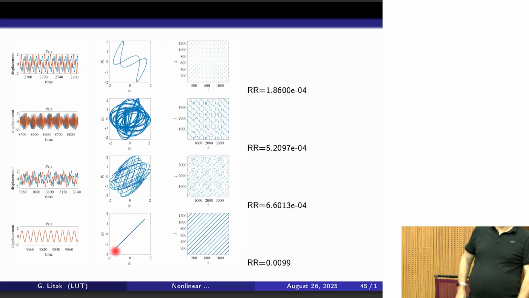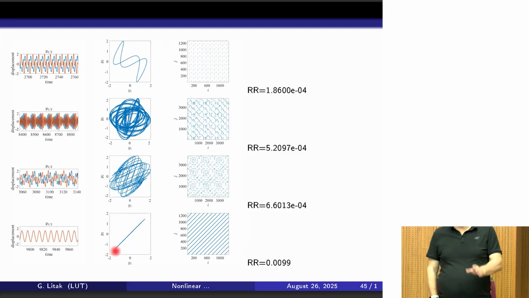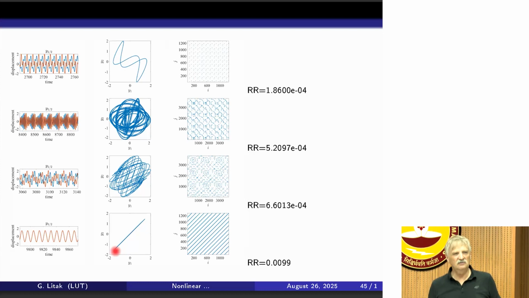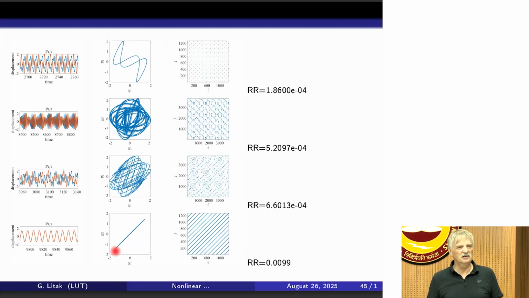No questions. Yeah, I would say, with synchronization, you can think about resonance also as a synchronization, because it is the synchronization of your oscillator and the input signal.